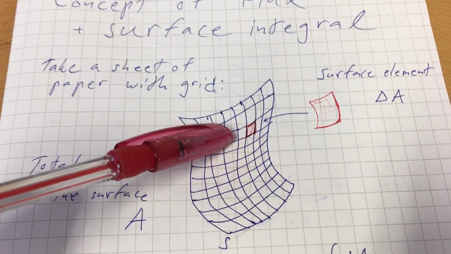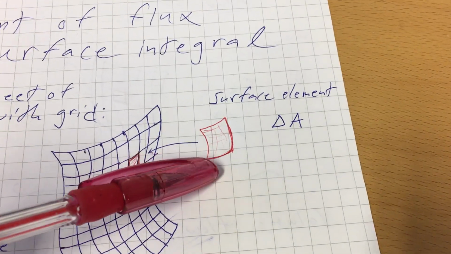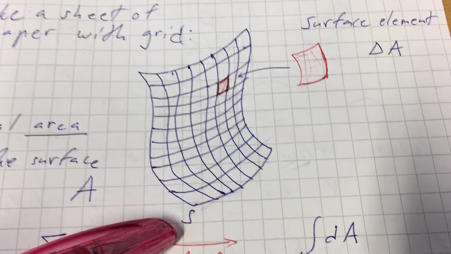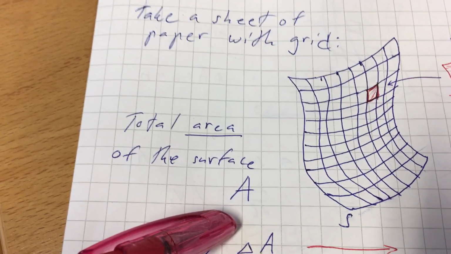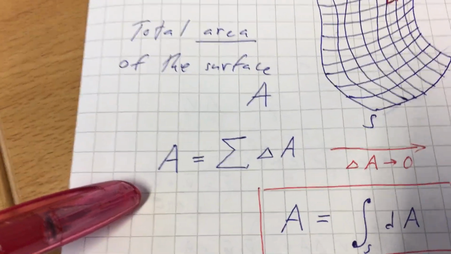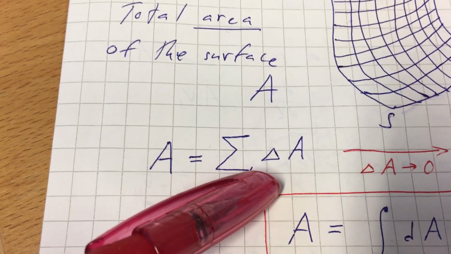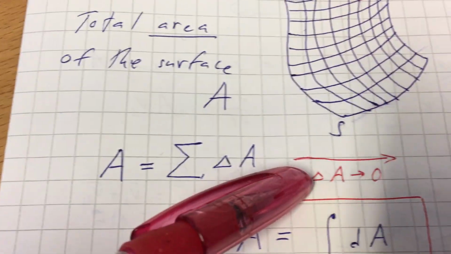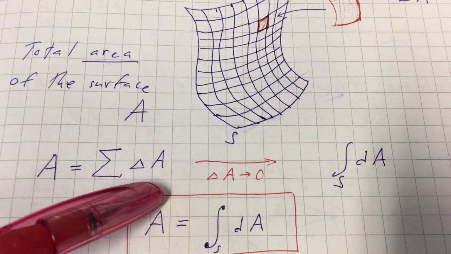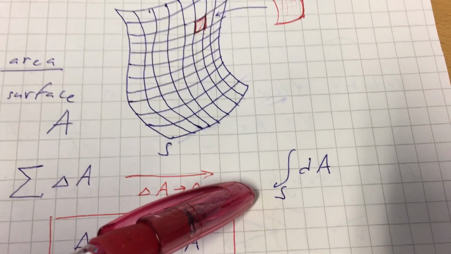Then you can divide it into small squares, which you can say is a surface element, and the total surface is S, and it has a total area A. So it's very obvious that the total area is just a sum over all these elements. And in the limit of infinitesimal surface elements, this sum goes to integration over the surface.